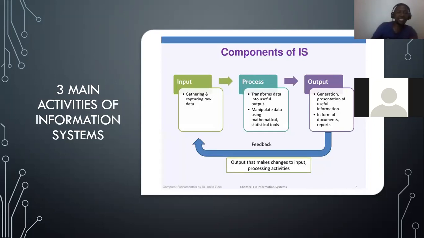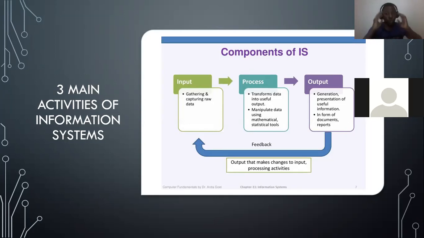So now let's talk about the three main activities of information systems. Like I said, the reason why we are seeing the word information systems a lot now is, I told you that this course is information management, but you can't do information management without information systems. So basically, what this course is dwelling much on is information systems that you will use to do information management, right?